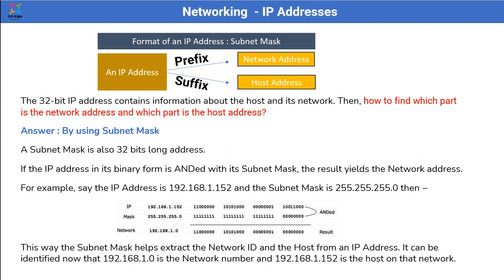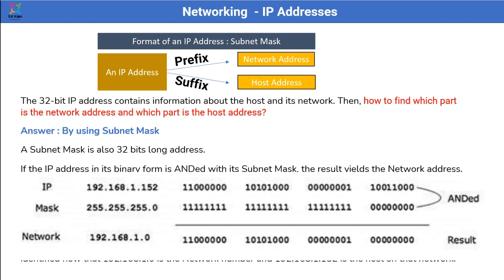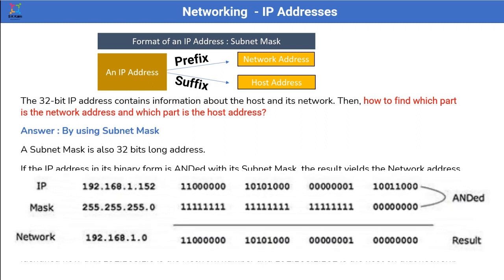If we write both the IP address and the subnet mask in binary format and then AND these two numbers, we will get the network address. For example, let us say we have a host with the IP address 192.168.1.152 and the subnet mask is 255.255.255.0. Then we convert this IP address written in decimal notation into binary notation, and then we AND these two values.